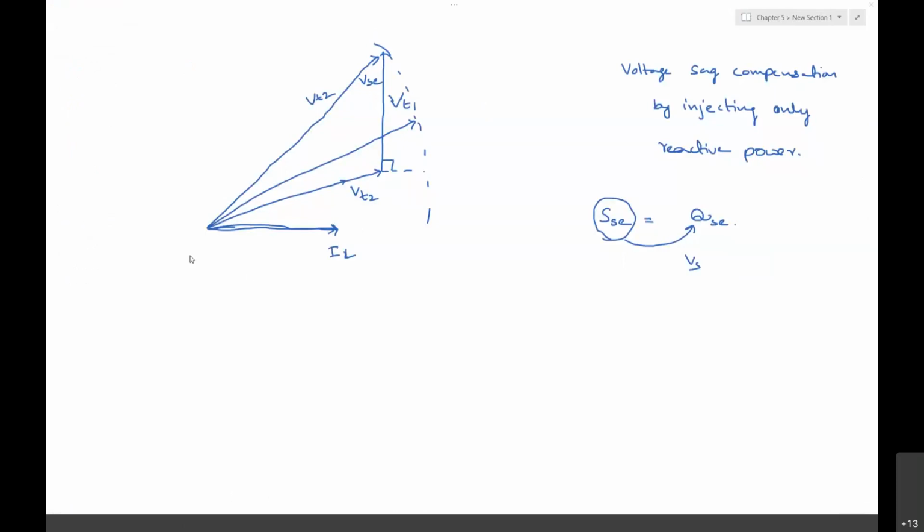See, in all these methods, I have got some doubts. Maybe you also may have those doubts. One thing is, while explaining all these methods, they have fixed the current.